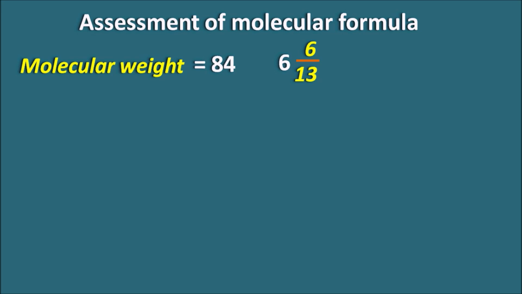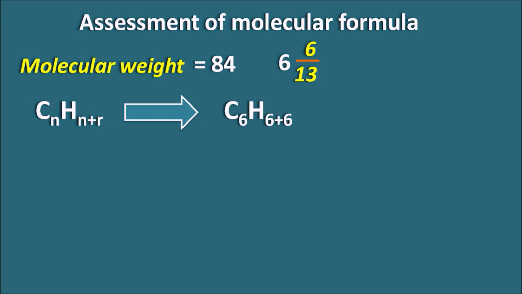For this unknown compound, we can write the molecular formula as CnHn+R, where N is the quotient and R is the remainder. So for this compound, the molecular formula will be C6H6+6, because N is equal to 6 as well as R is equal to 6. This is nothing but C6H12. So the unknown compound has a molecular formula C6H12 whose molecular weight is 84.